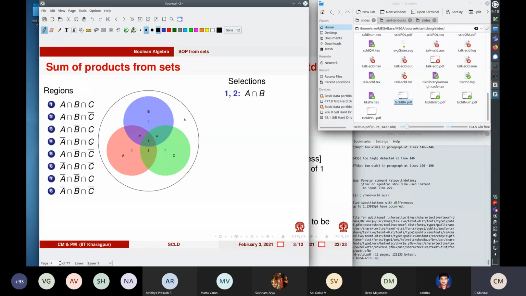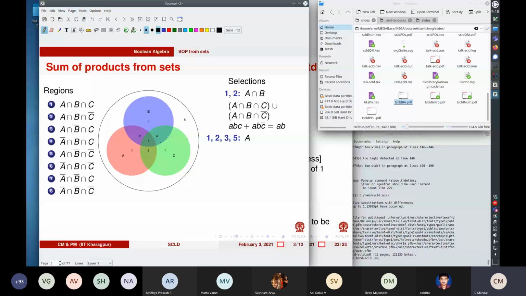And if you take any selection, so if you take 1 and 2, so 1 and 2 is essentially A intersection B, and you can express A intersection B in terms of these regions. So you can represent 1 and 2 simply as the union of region 1 and region 2.